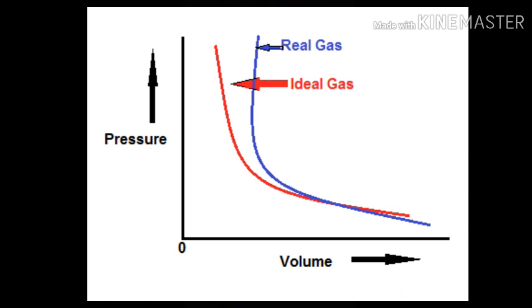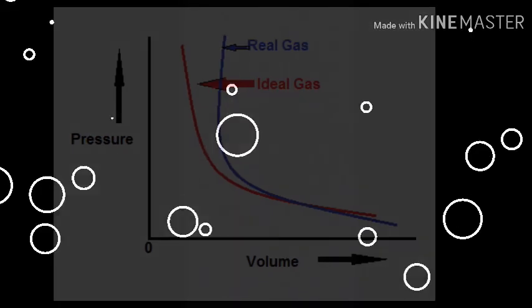Hence, from the above two graphs, it is clear that real gases under all conditions do not follow the ideal gas behavior or equation.